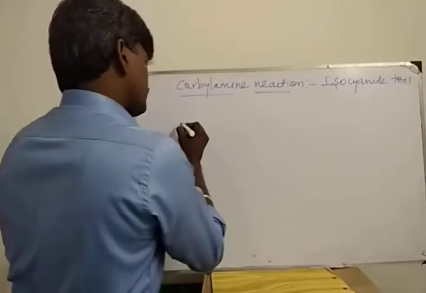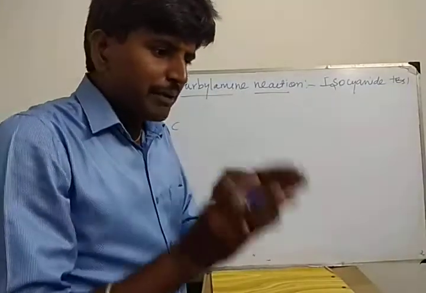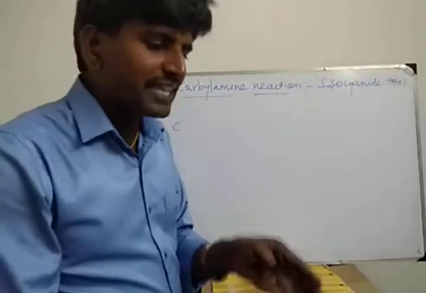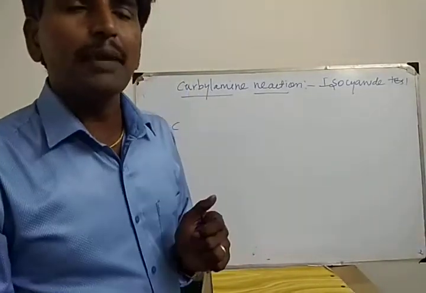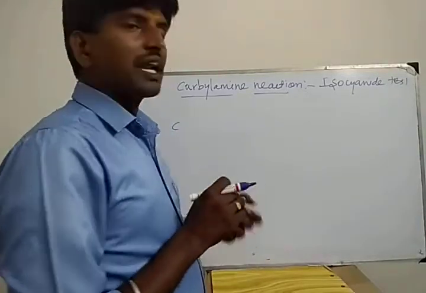Okay, for example, methylamine. Which amines undergo the carbylamine reaction? Primary amines only undergo it, whether aliphatic or aromatic. Secondary amines and tertiary amines do not undergo the carbylamine reaction.